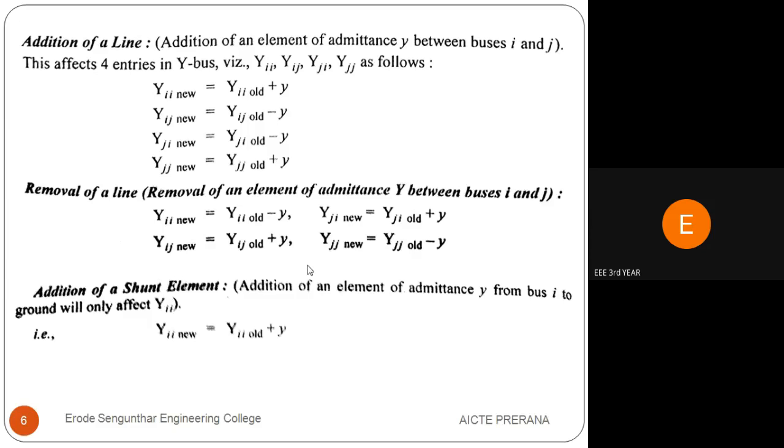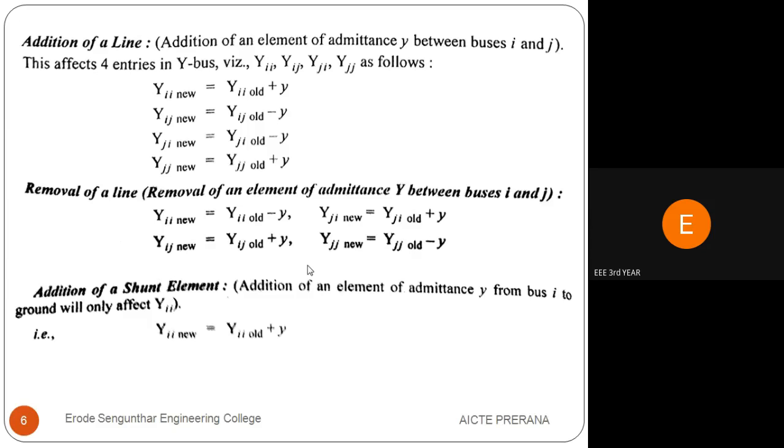In a matrix there is a diagonal and the remaining are non-diagonal values. Diagonal values should be added with that element, and the remaining non-diagonal values should be subtracted with that element.